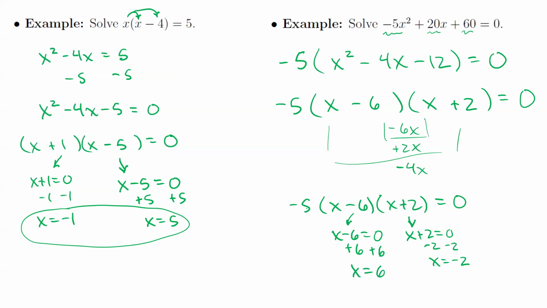It's just kind of along for the ride. In fact, if you wanted to up here, you could have divided both sides by negative 5 to get rid of it, right? Because dividing 0 by negative 5 would still have given you 0. But you can just ignore it because there's no variable there. So you're only setting factors that have variables in them equal to 0. So there's our two solutions.